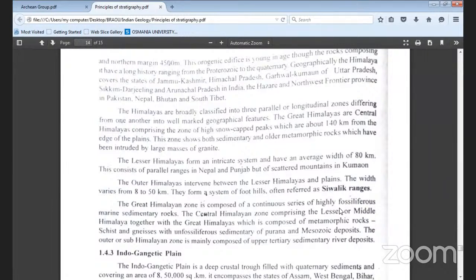The Outer Himalayas intervene between the Lesser Himalayas and the plains. The width varies from 8 to 50 kilometers. They form a system of foothills, often referred to as the Siwalik ranges also.